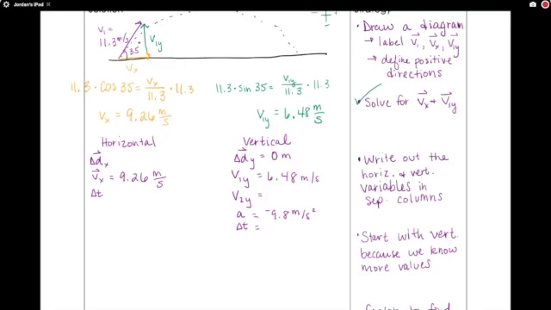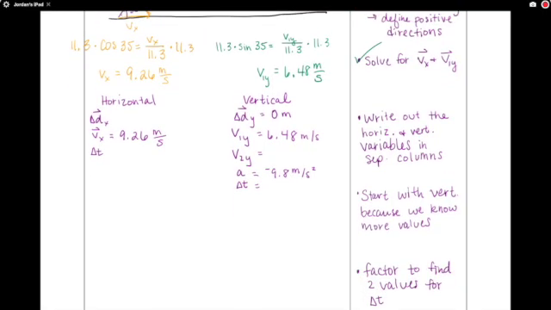Now, because we only have one variable for horizontal, and we have at least 3 for the vertical, we can go ahead and solve for one of the variables in the vertical aspect. So we can use equation 3. If you look back at your notes from the kinematic equations, if you have at least these 3, what variable can you solve for? We're going to go ahead and solve for time.